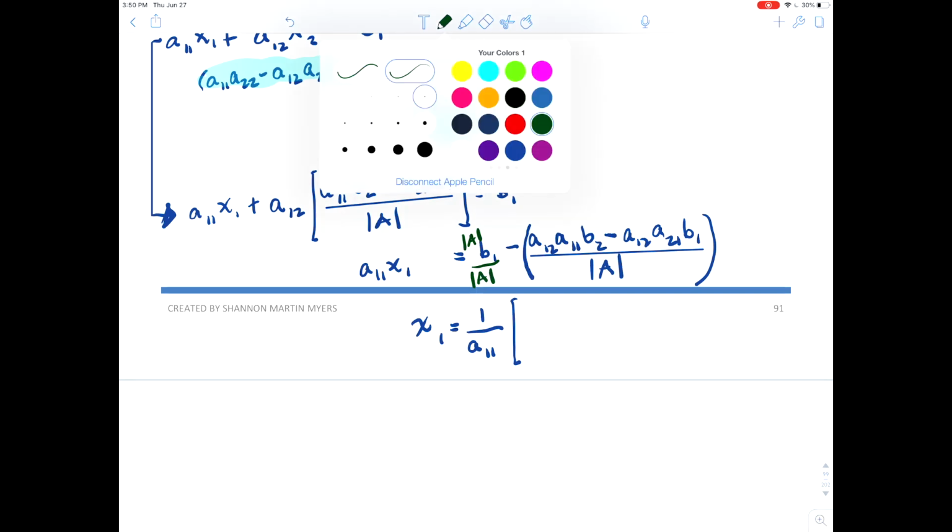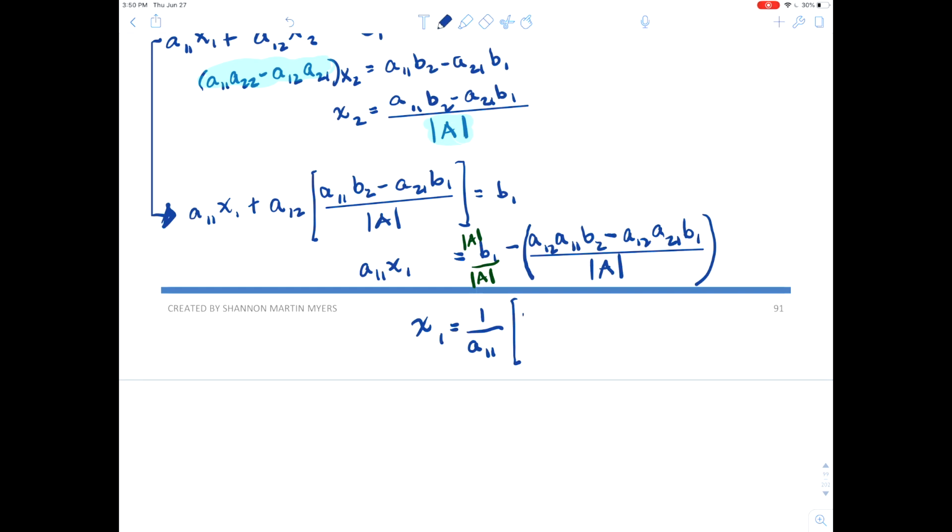So I will have the determinant of A times B1 minus A12, A11, B2 plus, distributing the minus, A12, A21, B1 all over the determinant of A.